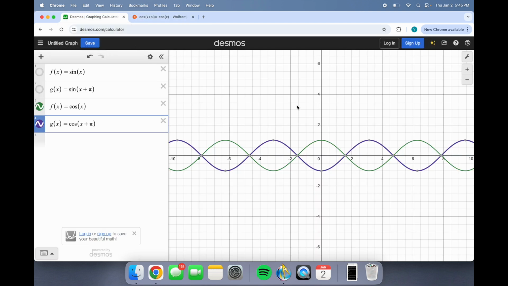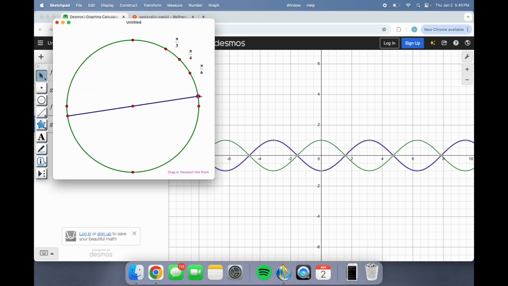Now, we can clearly see that is true on the graphs, but we can also clearly see it on the unit circle. So if we think of this angle as x, this angle can be thought of as x plus pi or x minus pi. Either way, it's diametrically opposite to this point. And one other way of thinking about diametric opposition is you could think of this as being reflected over the y-axis and then over the x-axis to get this point.